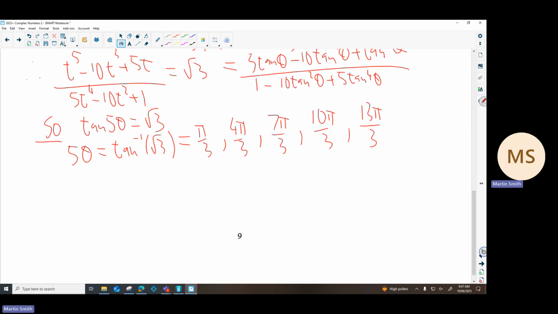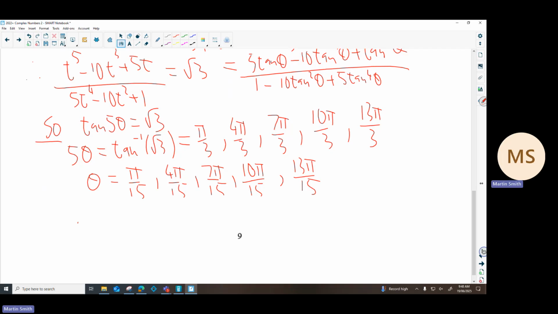Dividing through by 5, I therefore have theta can be pi over 15, 4 pi over 15, 7 pi over 15, 10 pi over 15, which actually simplifies to give 2 pi over 3, or 13 pi over 15. But I haven't finished yet because I wanted to solve the original equation, so my solutions need to be values of t. But t is tan theta.